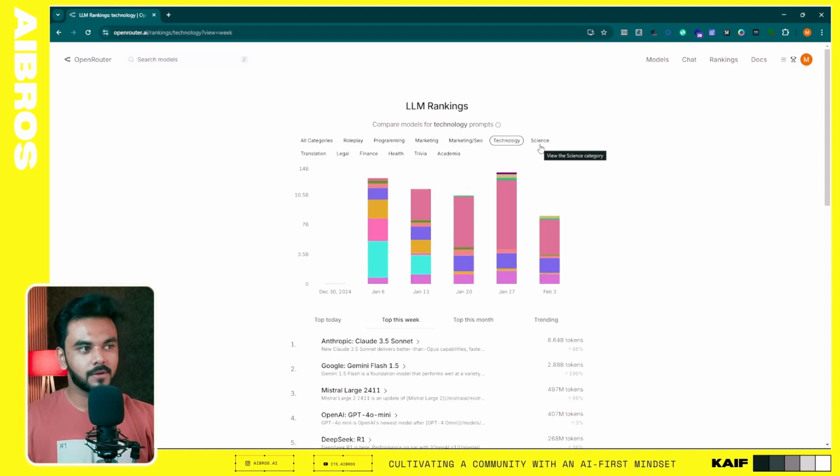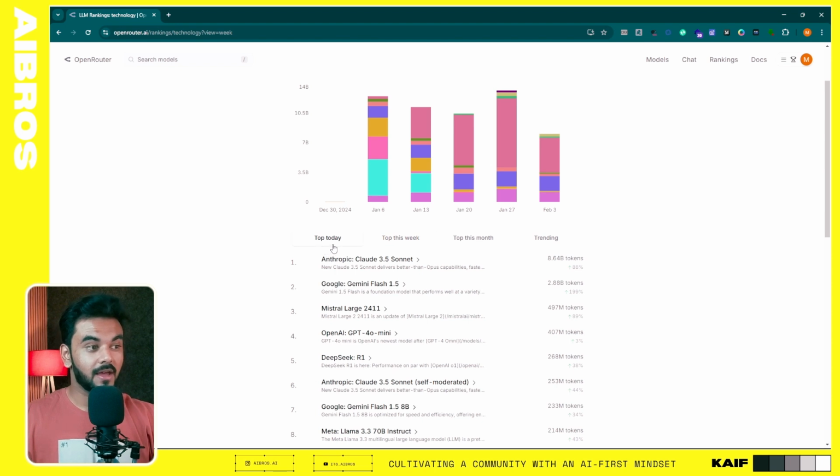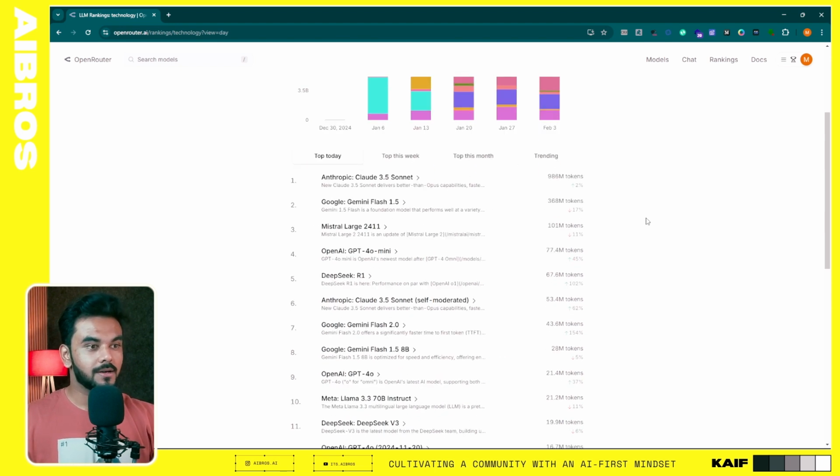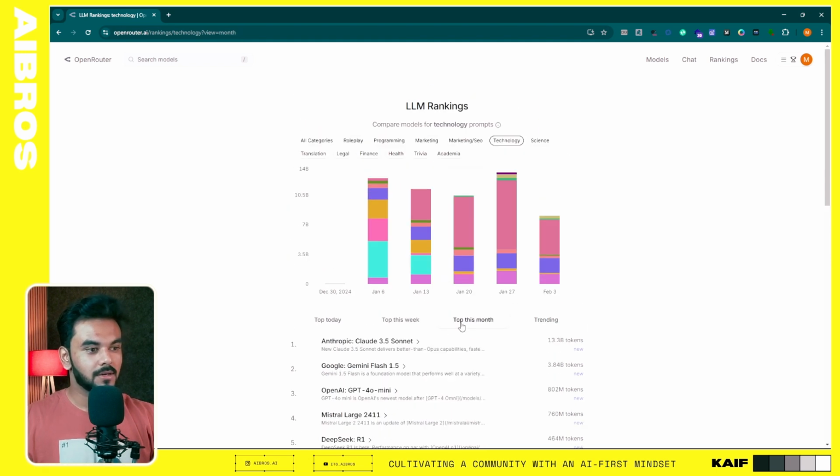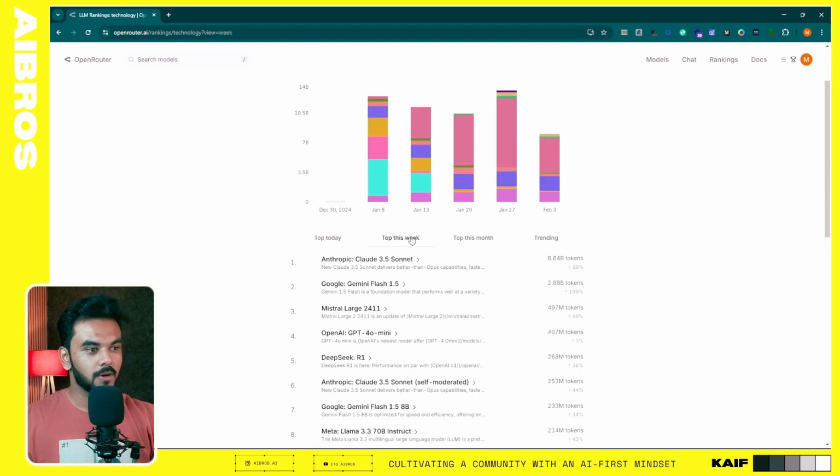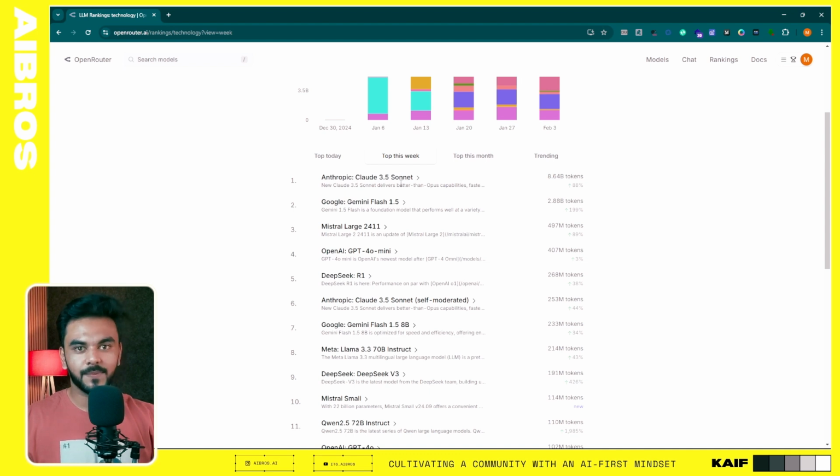So they have different kinds of categories like science, translation, legal, finance, academia, trivia. They have their own trending list as well: top today, top this week, top this month, trending. I think this is changing now. And as you can see, this is pretty amazing.